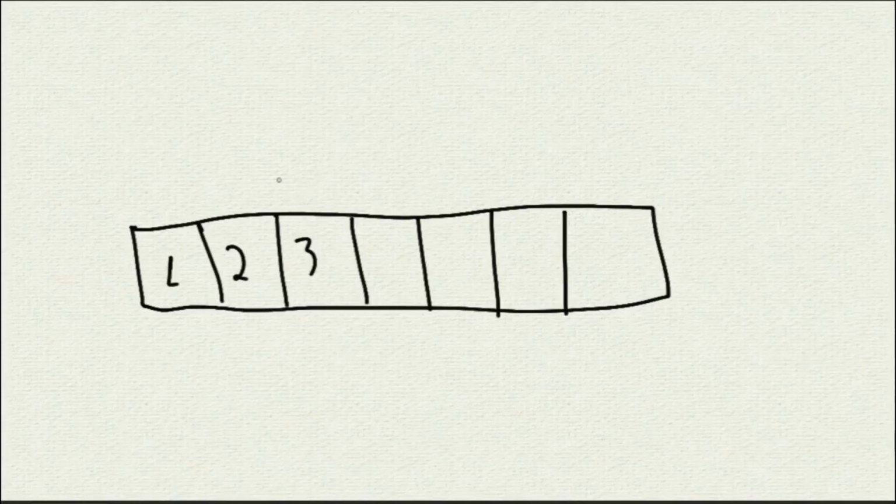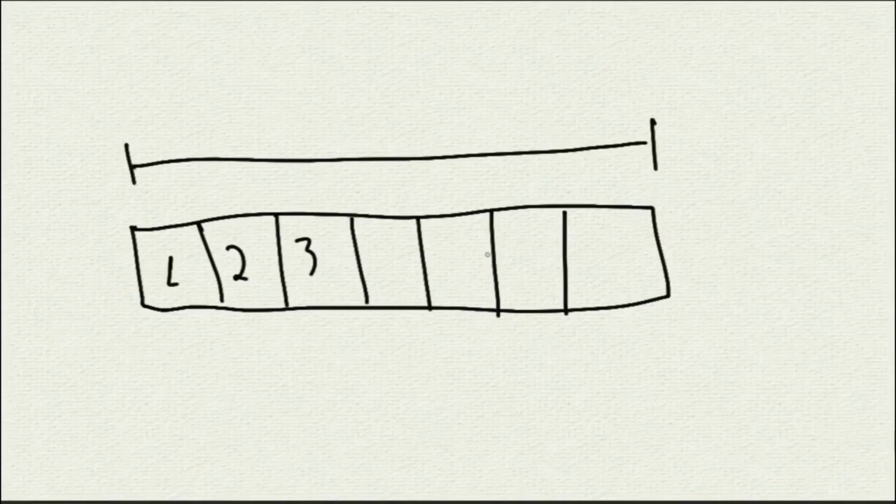So the size of the array, let's code this from here to here, is 1, 2, 3, 4, 5, 6, 7. So this is 7. So we have 7 spaces in the array that we can use. This is the CQ size. And from 1 to 3 are the element number. So we have here 3 elements. So we have this difference. One is the size of the memory allocated, and the other one is the effective size that we are using.